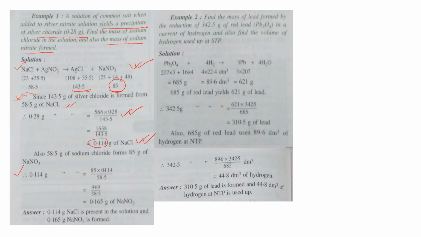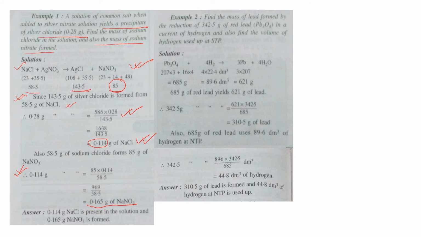So 0.114 gram NaCl is producing this much amount of 0.165 gram of NaNO3. So this is just unitary method. You have to think that which information that we have to use, and then accordingly you solve the numericals. Just a unitary method.